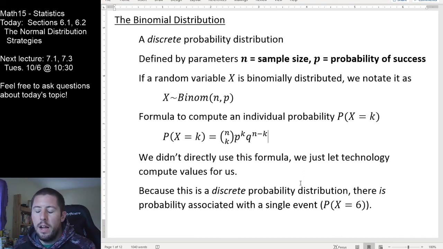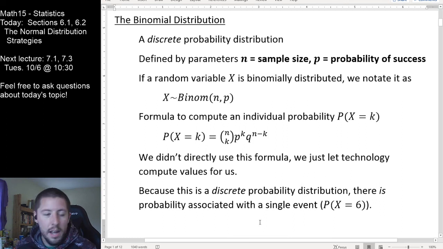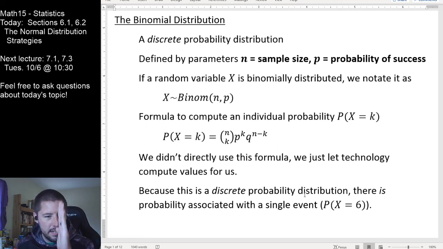But a distinction that we want to make here is that when we talked about our continuous probability distributions, we said that the probability of an event is equal to the area underneath the probability distribution function's curve. And if we were looking at something like the probability that x equals 6, or the probability that my height is exactly 70 inches, well, that's just going to be one stick, and a stick doesn't have any area, right?